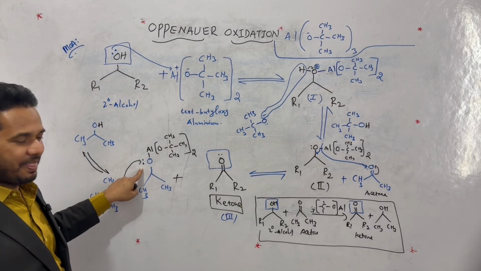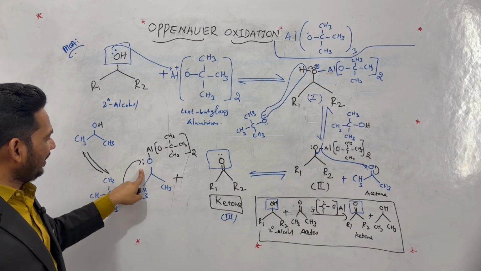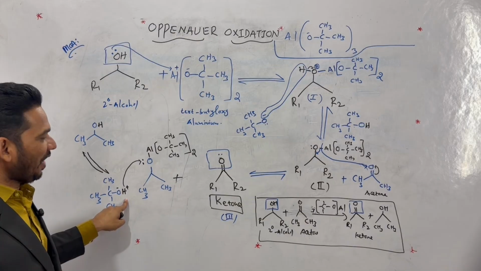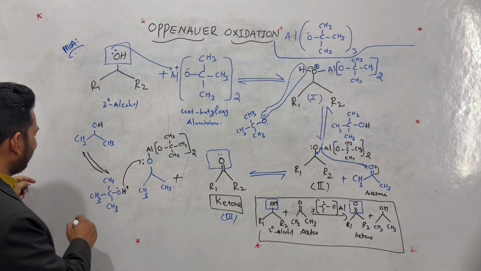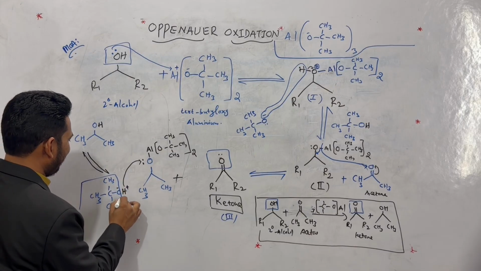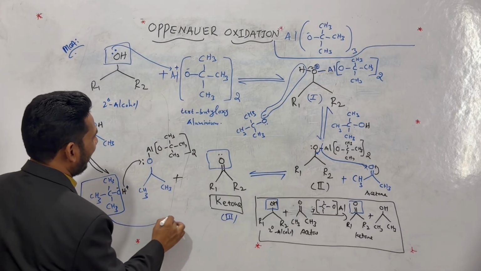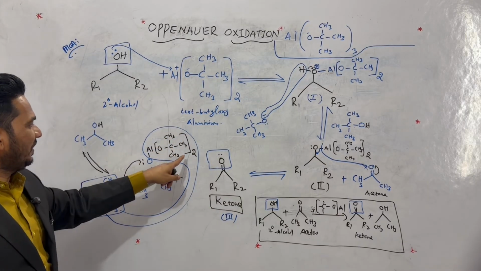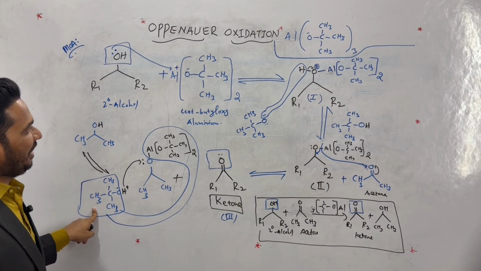Now see, what happened? This oxygen has a pair of electrons. Then what will it do? It has to abstract this proton. After abstracting the proton, you might see this moiety, particularly tertiary butyl oxy, joined with this moiety. 2 moles of tertiary butyl oxy here, 1 mole of tertiary butyl oxy.